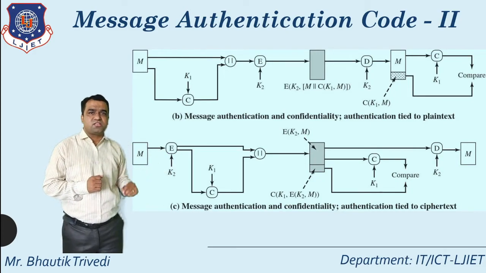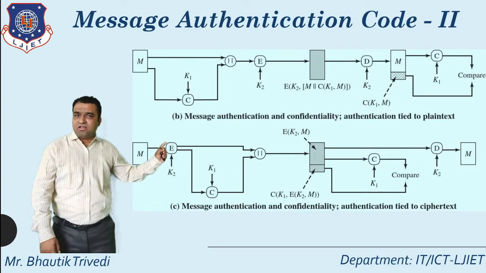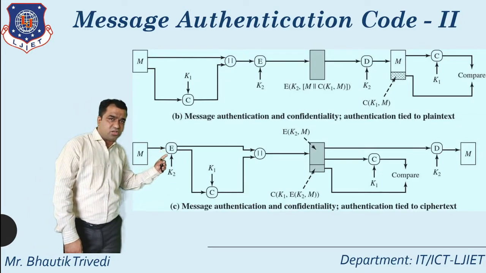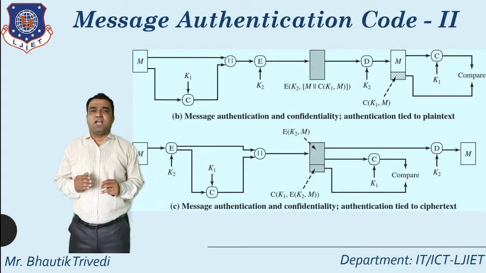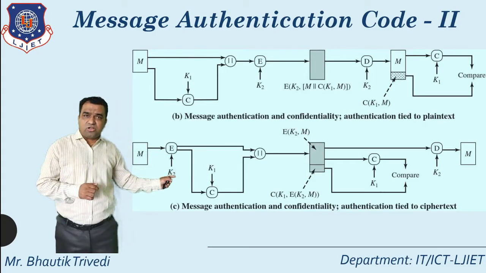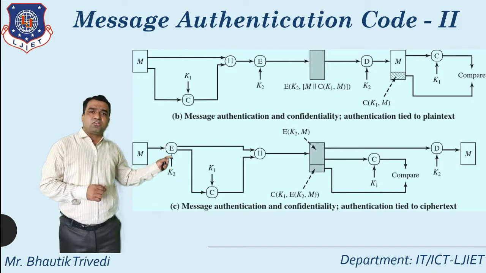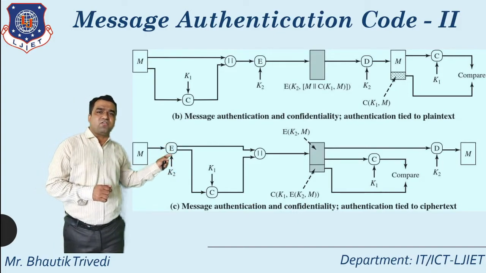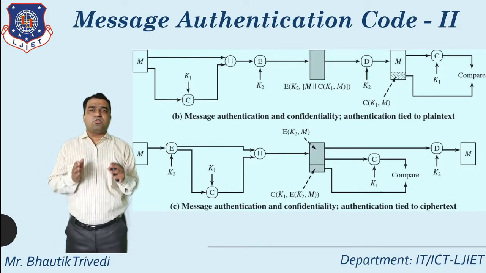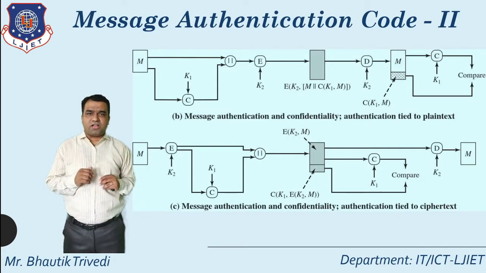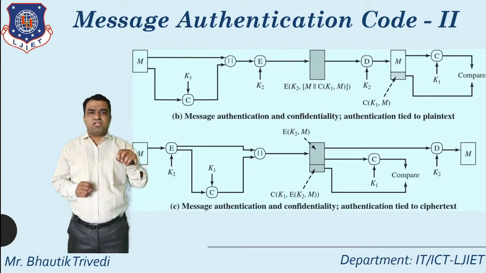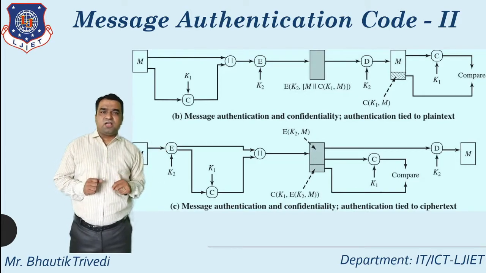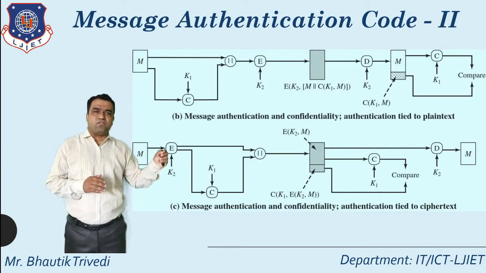But in case of this, one message is there. You apply the encryption algorithm on that, and then you apply the cryptographic checksum on that. That's why this particular technique is known as authentication tied to the ciphertext. So whenever you talk about the message authentication code technique, mainly 2 techniques here. One, authentication tied to the plain text, and the other, authentication tied to the ciphertext.